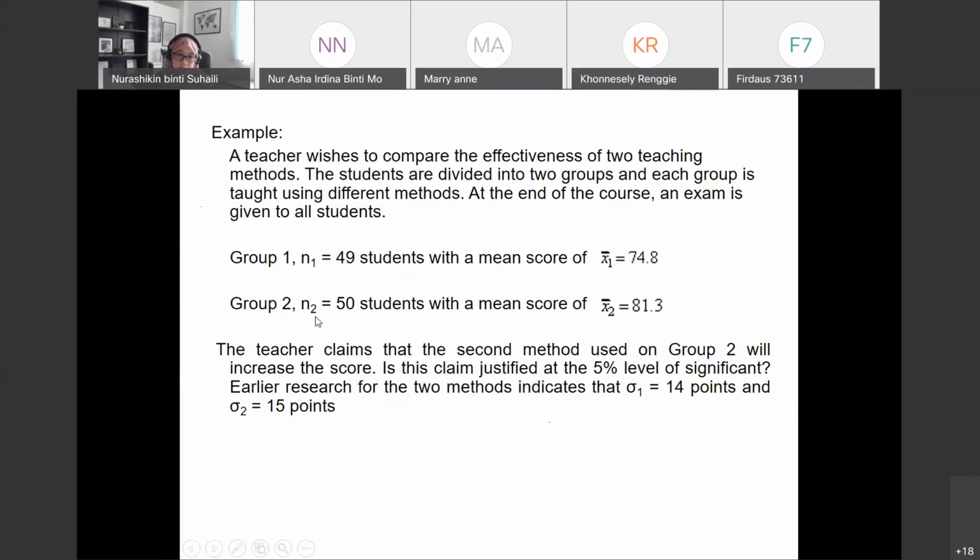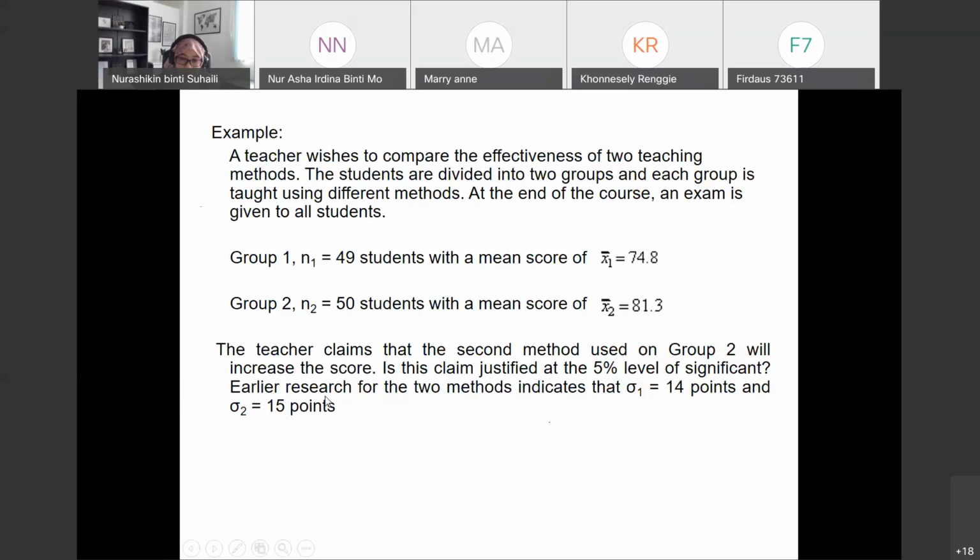Sample 2, n is 50. Mean score is 81.3. Okay, so the question is, the teacher claims that the second method used on group 2 will increase the score. Is this claim justified at the 5% level of significance?